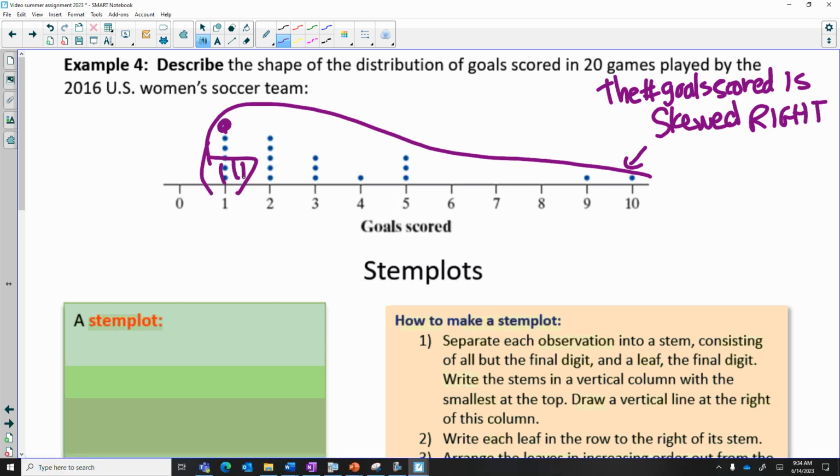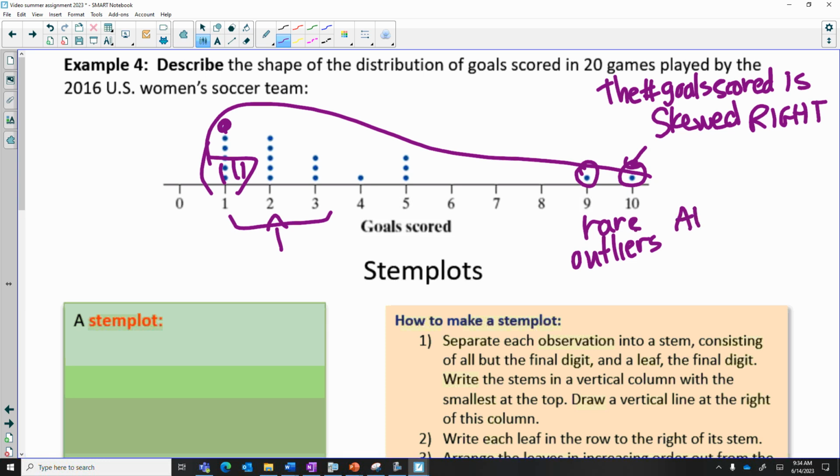Now, let's talk a little bit more about this. Most of the time, the U.S. women's soccer team is scoring about 2 goals per game, right? But there were a few rarities, that they scored 9 goals or 10 goals. These are called outlier games because they're separated from the pack. So these are rarities, but what happens is these outliers pull the mean or the average up.